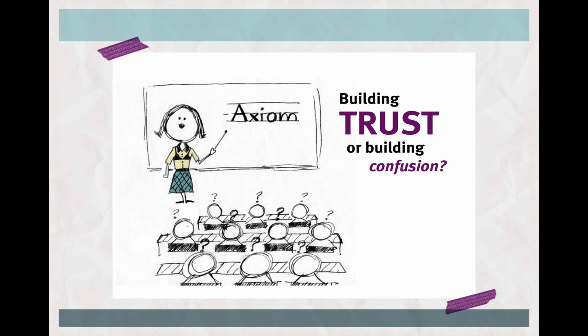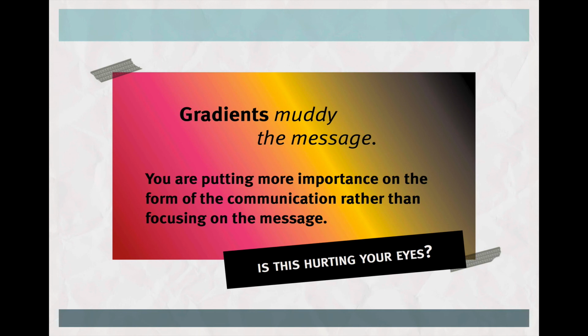So there are purposes and places. Your bra goes on the inside of your shirt. So again, we can focus on what you're telling us, not what you are wearing. Gradients muddy the message. You're putting more importance on the context than on the content. And you want to focus on the message.